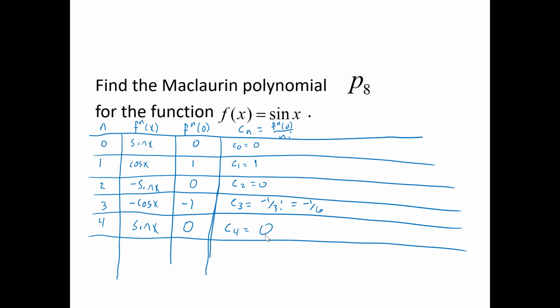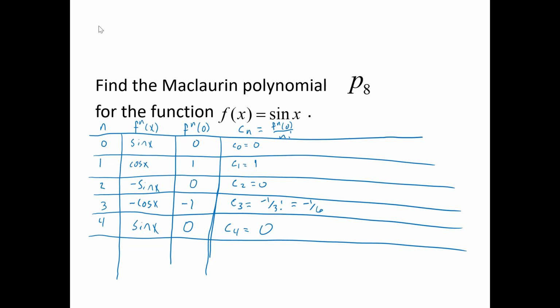And I need to go all the way to 8, but I don't have any more space. But we're right back with my derivatives where I started, right? And so there's really no need to continue the table. We can just go ahead and follow the pattern, right? This is one of the reasons why I went over pattern recognition when we were talking about sequences, so that you can follow the pattern.